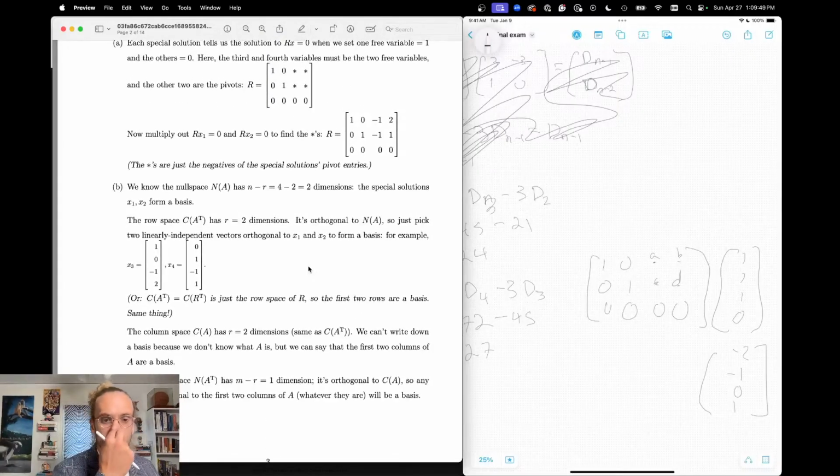This is interesting. Let me read through this, make sure I'm getting this right. Column space has r equals 2 dimensions. Yeah.